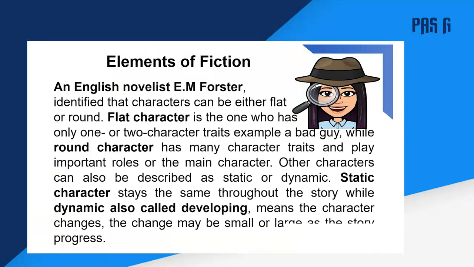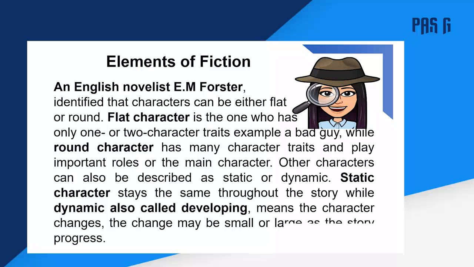An English novelist, E.M. Forster, identified that characters can be either flat or round. A flat character is one who has only one or two character traits, for example, a bad guy, while a round character has many character traits and plays important roles or the main character.